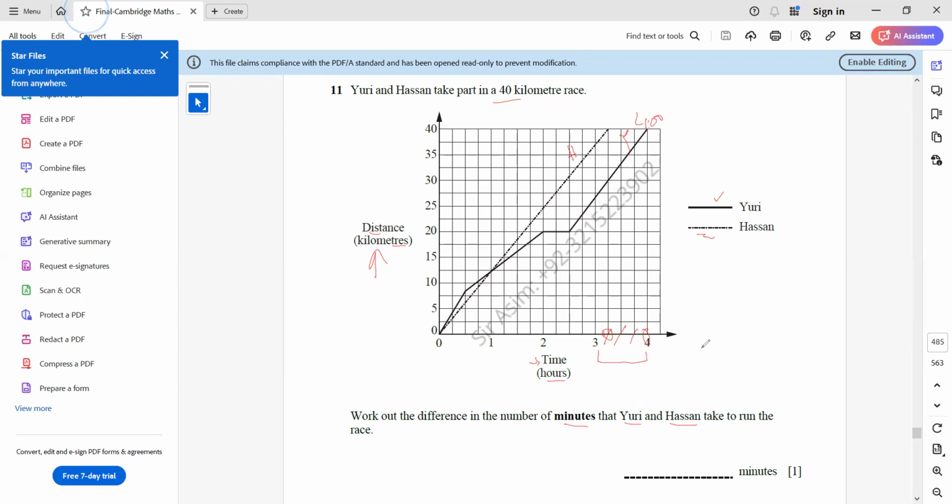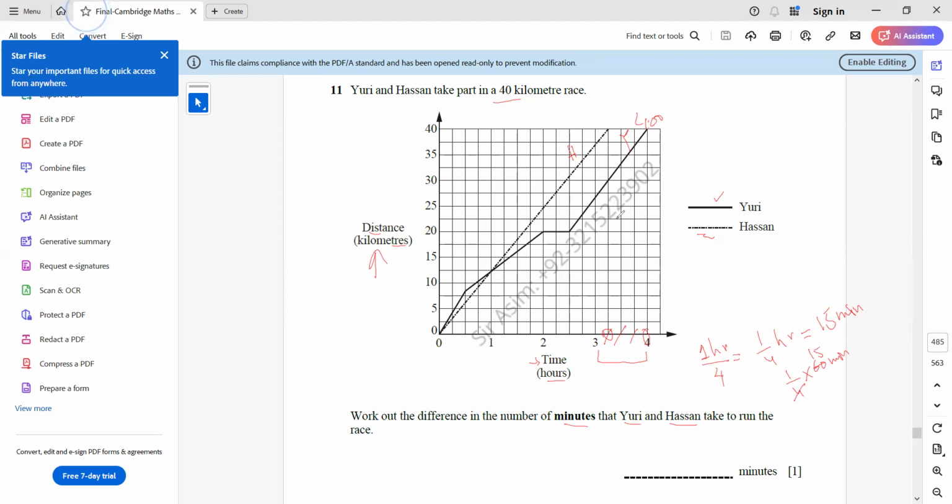This time of 1 hour has been divided into 4 boxes. So each box represents 1 by 4 of an hour. That means 15 minutes. Because 1 hour means 60 minutes. So you can also write 1 by 4 times 60 minutes. So 4 15s are 60.